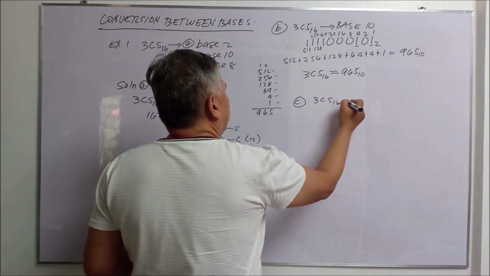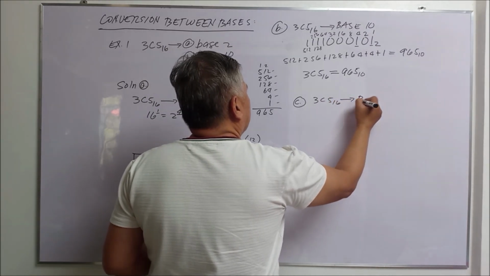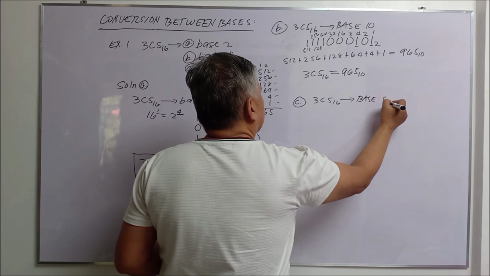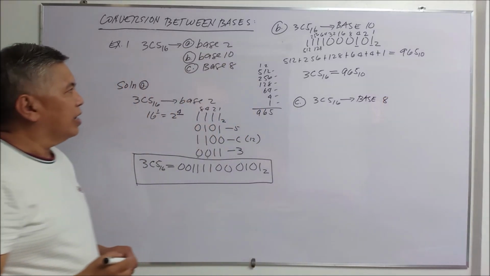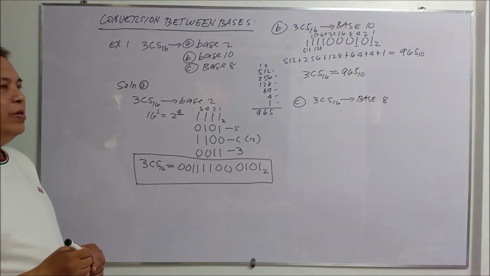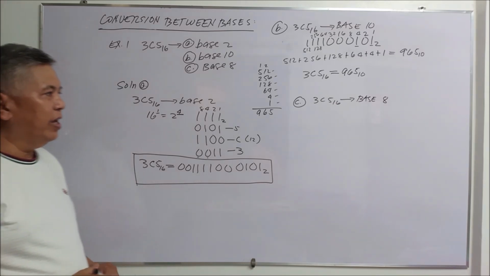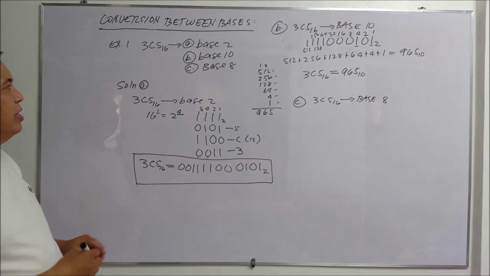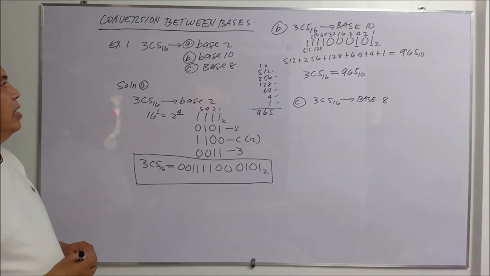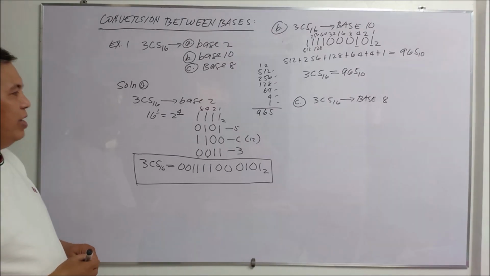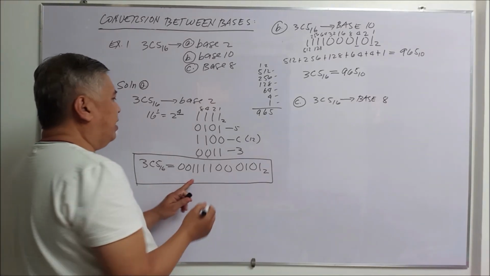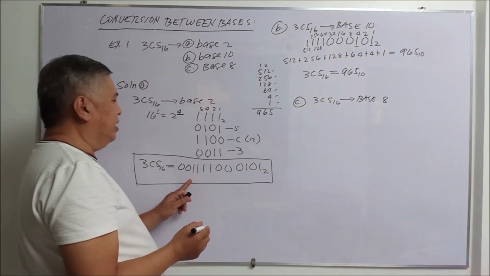3C5 of base 16. We want this converted to base 8. Again, we make use of the binary number that we have obtained earlier, in problem A, solution A. So we rewrite this binary number.